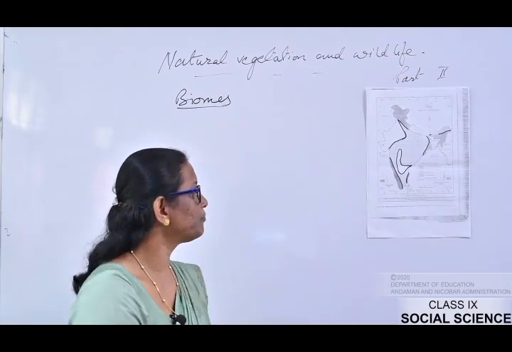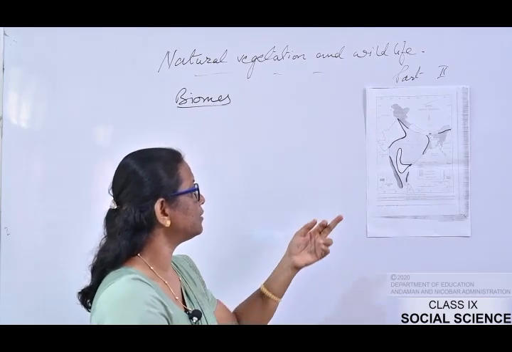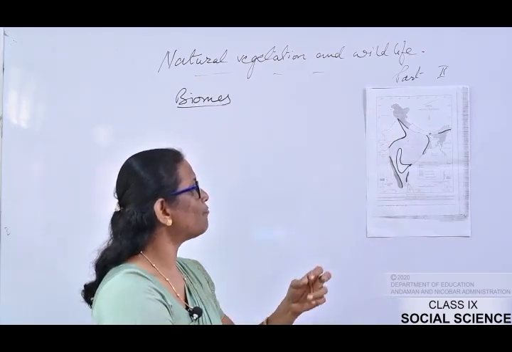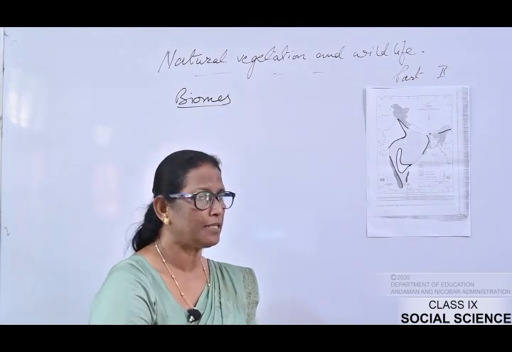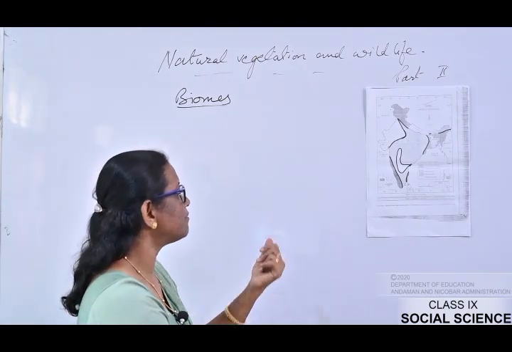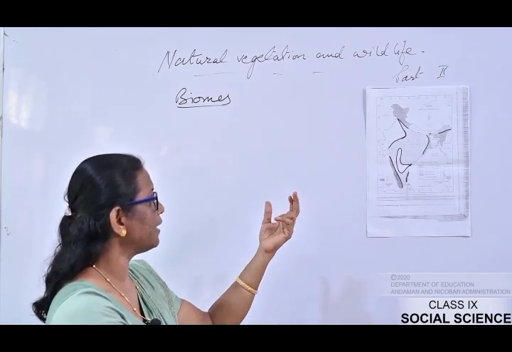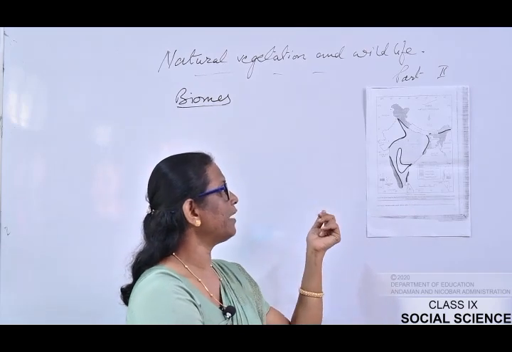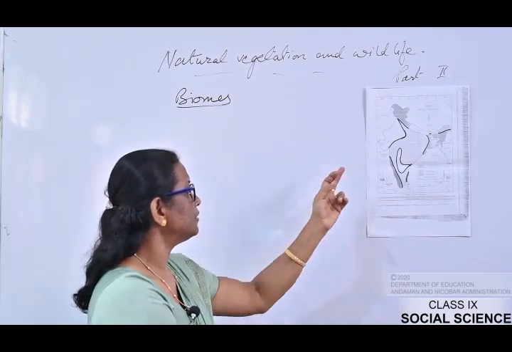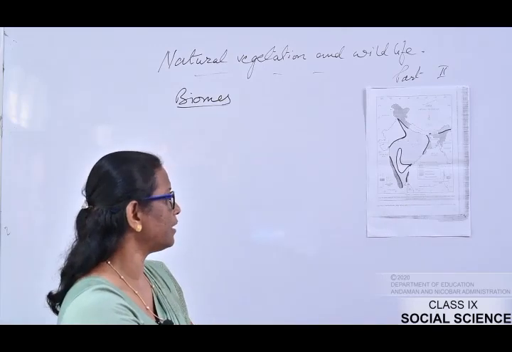This forest, as I told you, it is the desert area. So in desert area, the wild animals which are found in this area are mice, rats, and wild asses. Camel is there. And in this way, lion, tiger, etc. are found in this area.